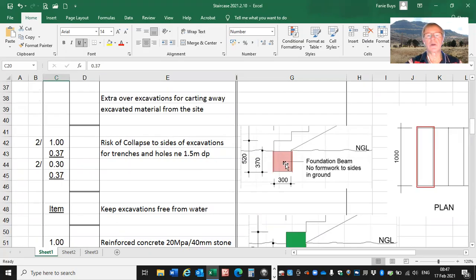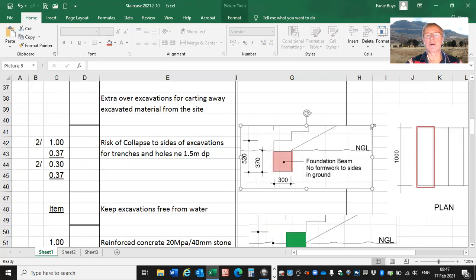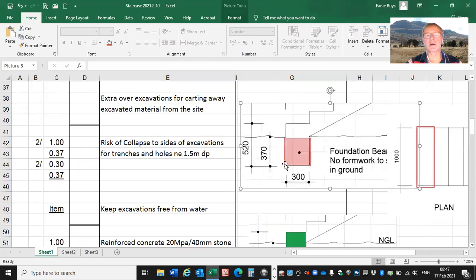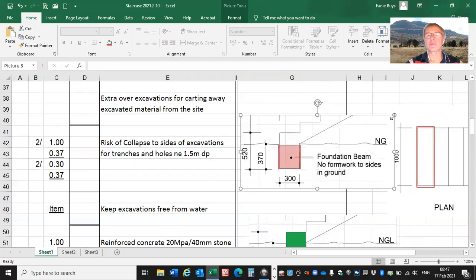And this is where we need to measure the risk of collapse on both sides of the excavation, as well as the ends of that foundation trench. So it is actually all around that we need to measure the risk of collapse.